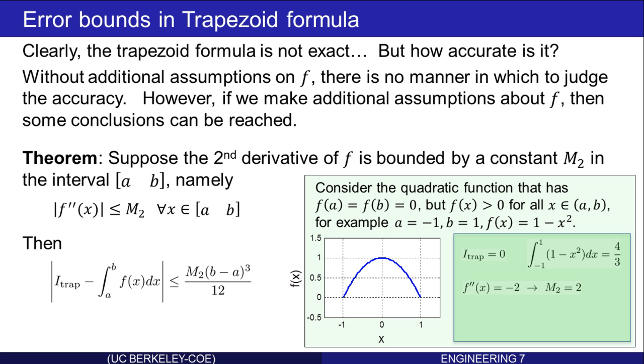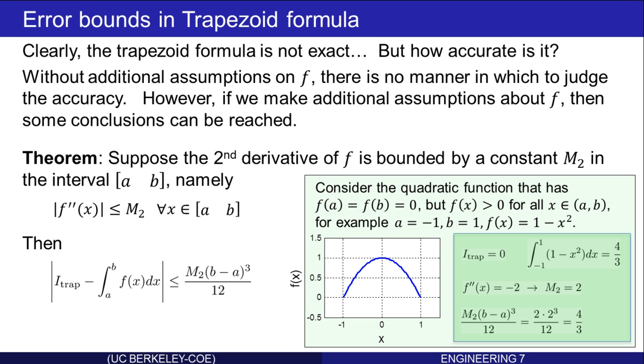In fact, it's the best bound. Now let's plug that into the formula we have for the upper bound on the error. Well, m2 times b minus a cubed over 12. m2 is 2. b minus a itself is 2. 2 cubed divided by 12. And lo and behold, I get 16/12, which is 4/3, which is precisely the actual error in this case.